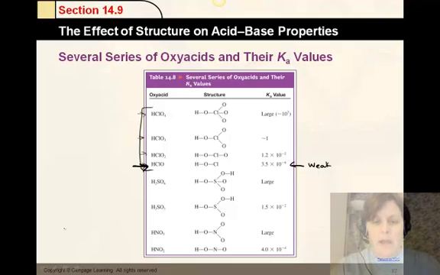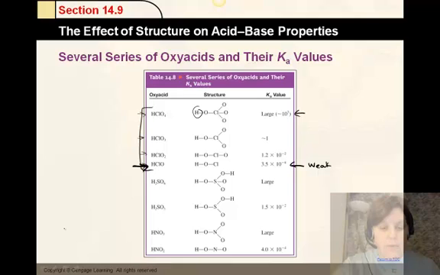As we go up here, however, you can see that as the number of oxygens increase, what's happening is the ability for this hydrogen to be released increases because chlorine is so electronegative. It has all these oxygens pulling on it. If it can pull away, then the hydrogen can kind of fall off and be released as a positive ion, which of course is indicative of a strong acid.